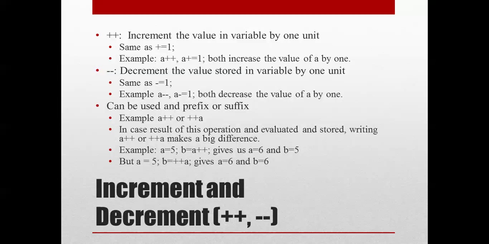So in this example, if we say a equals 5 and b equals plus plus a, that's going to give us a equals 6, because we incremented a by 1, and b is also going to have a value of 6 because we incremented a first, then stored that value in b. Very basic, and a lot of people get completely different answers. It gave me some trouble when I started with it, so just be careful.